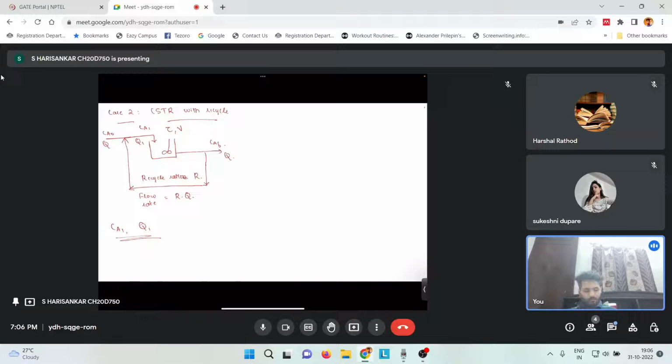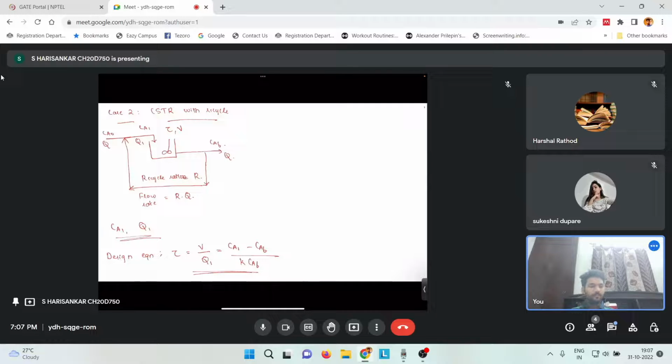So let us see how we can find these two new terms with respect to the known values. So the design equation basically says tau is equal to V by Q1. Now this is not V by Q, this is V by Q1, and that will be equal to Ca1 minus CAF by KCAF. Notice the difference here.